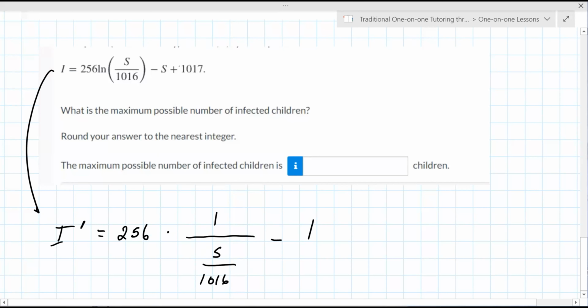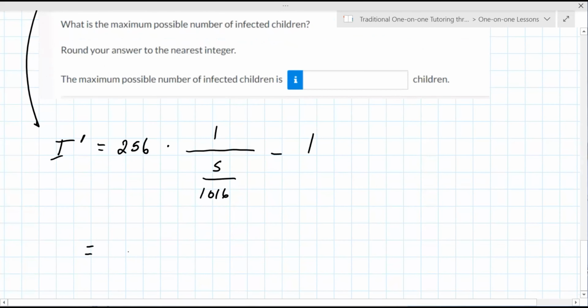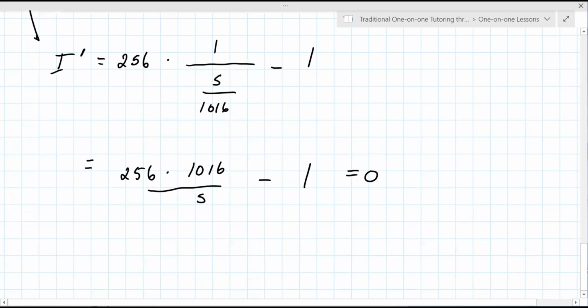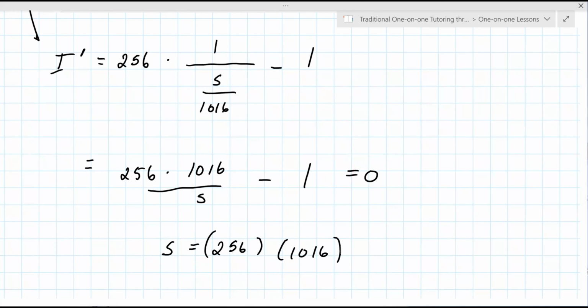The derivative of 1017 is 0. So with a tiny bit of simplifying, you get 256 times 1016 all over s minus 1, and you set that equal to 0. Okay, so when you solve this, you end up getting s equals 256 times 1016. And I think that's all it's asking for.